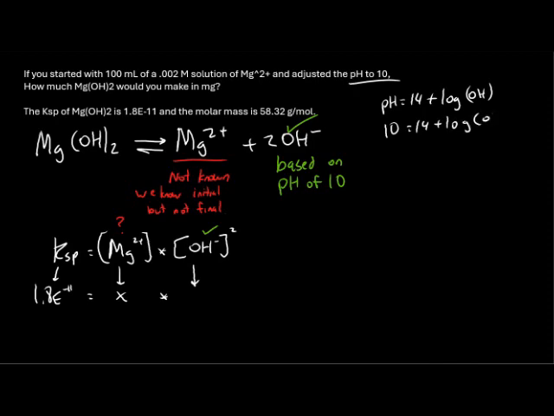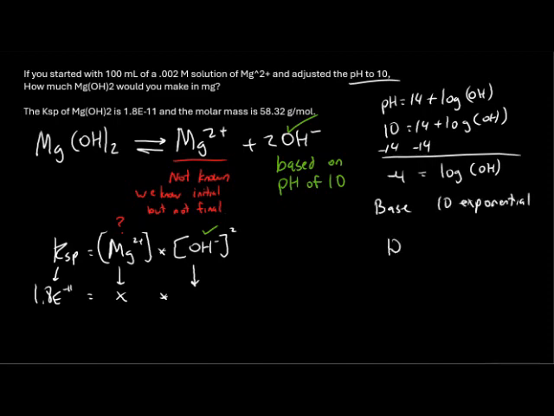And now we'll subtract 14 from both sides. When we subtract the 14, we'll have 10 minus 14 gives negative 4 equals log of OH. Now, to clear this log and solve for the OH, we will take a base 10 exponential on both sides. On the left, we'll have 10 raised to the negative 4th, and on the right, we'll have 10 raised to log of OH.